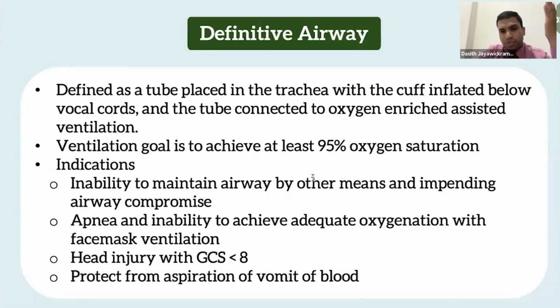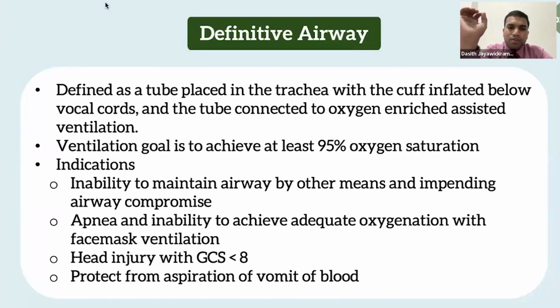If you remember from your physiology days, the oxygen dissociation curve goes basically like this. The 95 is at this point, but beyond that, the oxygen content in the blood drastically reduces. So our goal is to maintain at least 95% oxygen saturation.